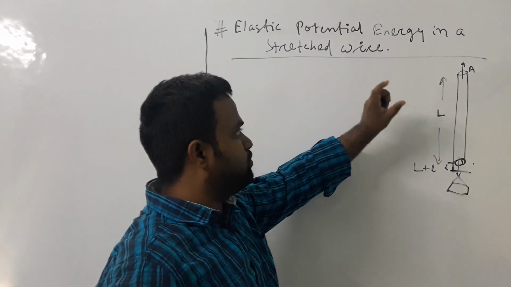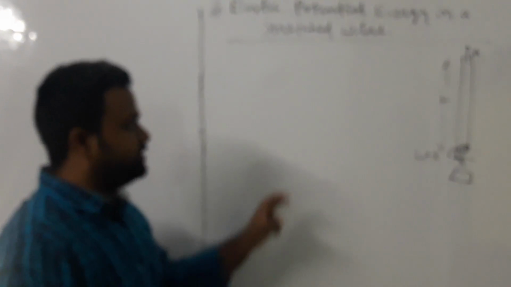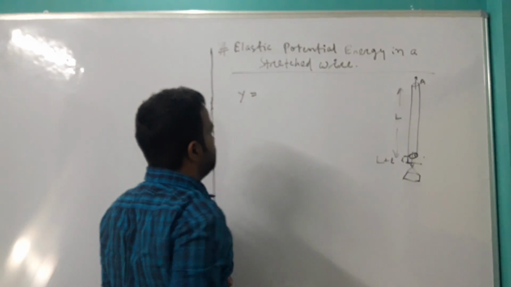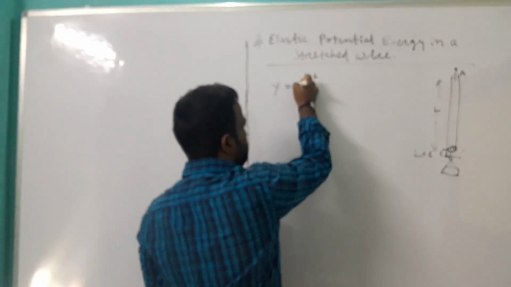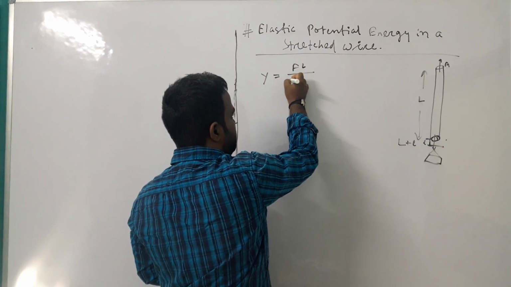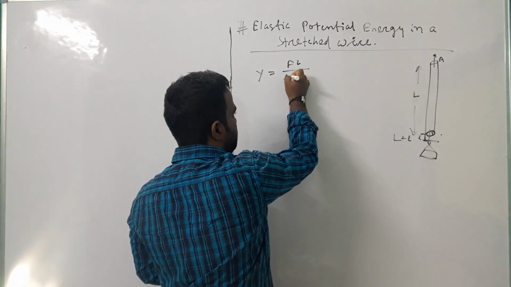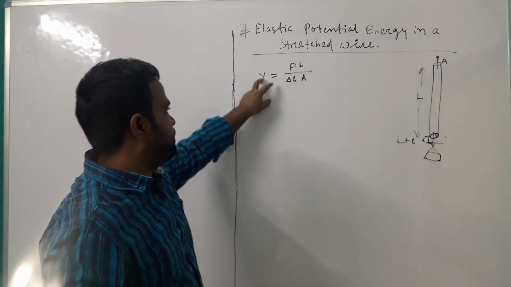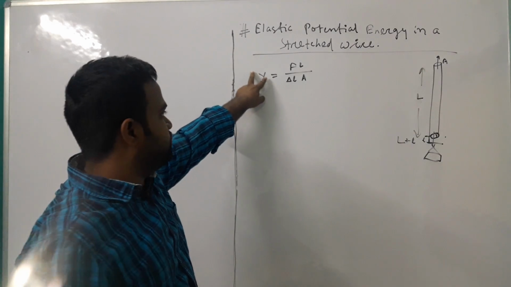Okay, so we know from the Young's modulus formula that Y is FL upon del L A. This is your Y, or Young's modulus.